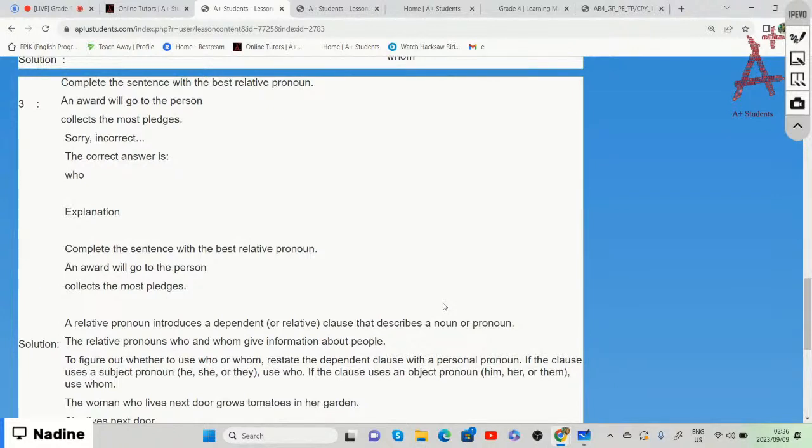And once again, a relative pronoun introduces a dependent or a relative clause, right? That describes a noun or a pronoun. So who or whom gives us information about people.